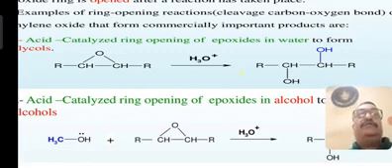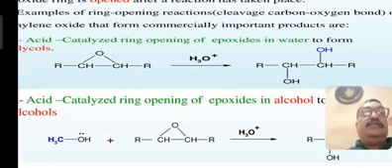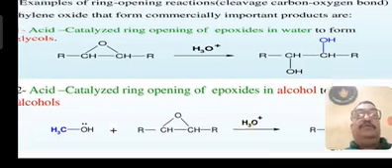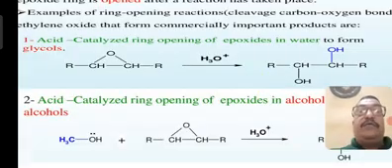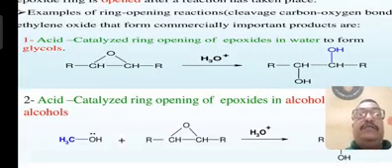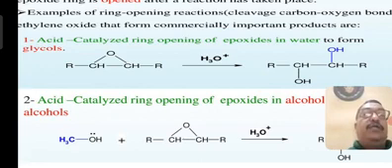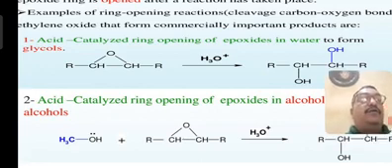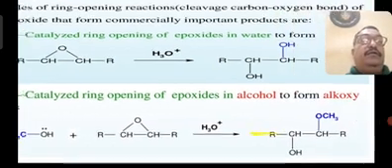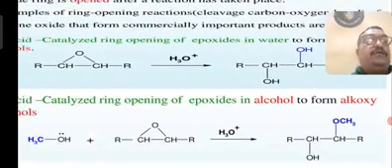Then similarly the acid catalyzed ring opening reaction, you can see a specific example, CH3OH alcohol when treated with RCH-O-CHR. Okay, so here in the presence of an acid, it is going to be converted, with the CH3OH.